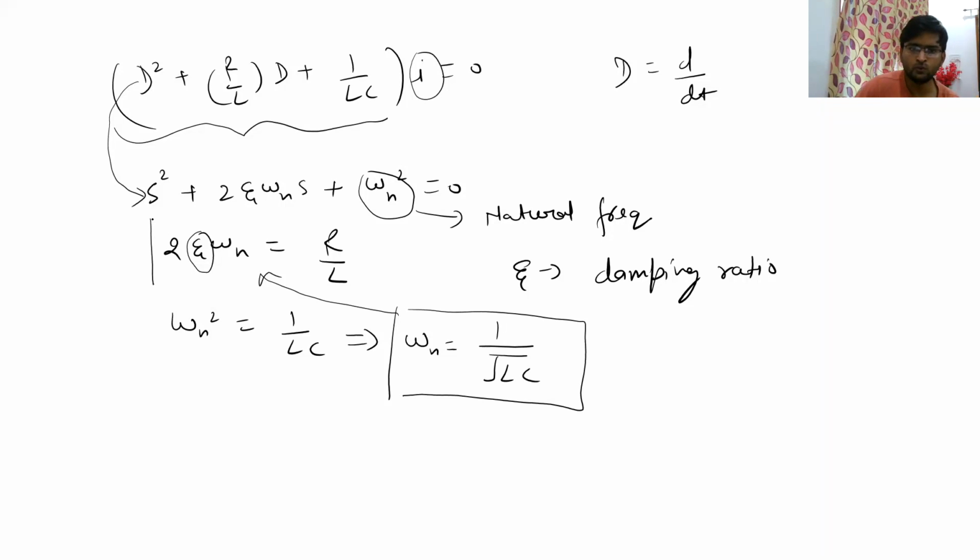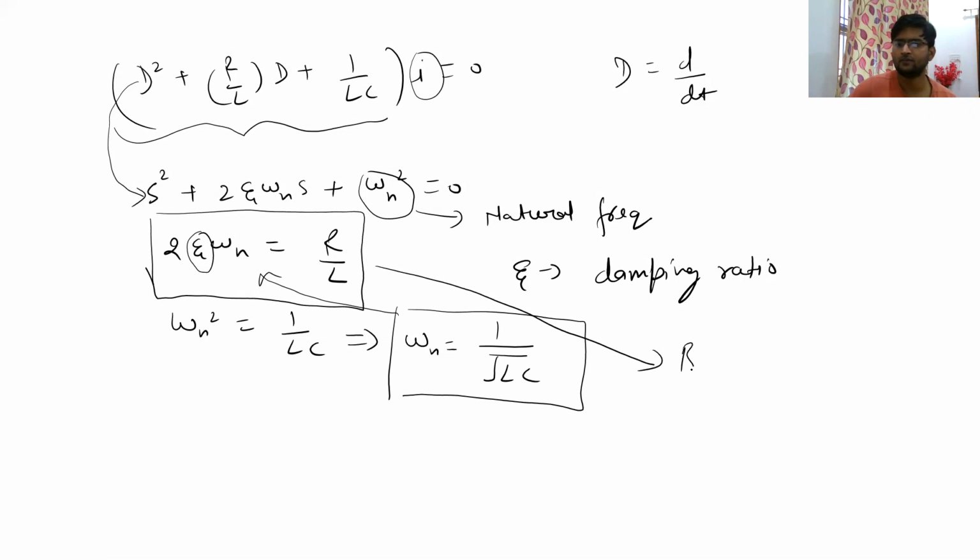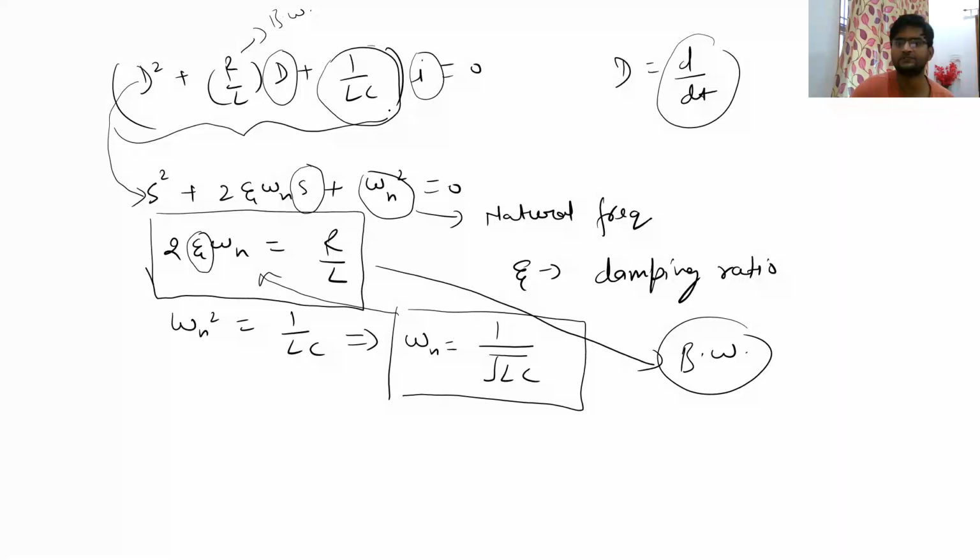Also, this 2 zeta omega n term came out to be R by L. What was R by L? It was nothing but bandwidth. We just calculated it in the previous slides. So the coefficient of this S term, or d by dt, represents the bandwidth of any circuit, and the constant term, which is 1 upon LC, represents the square of the natural frequency.